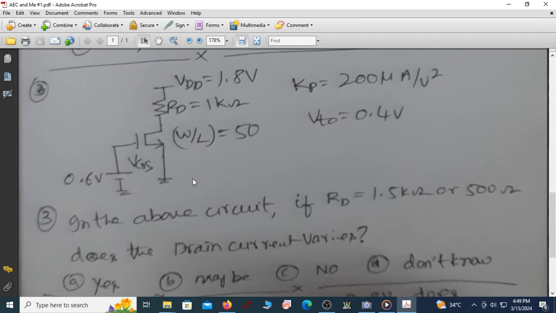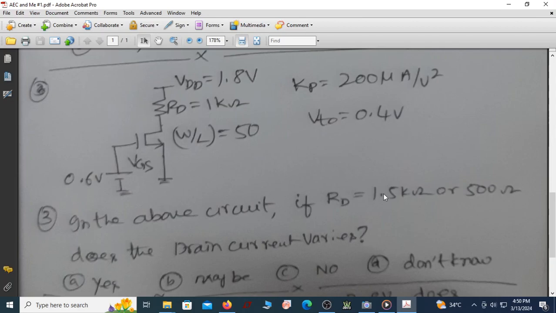In the first go we think that as the resistance changes, naturally the current has to change, but it may not be the case in this circuit, because we want to check whether the MOSFET is in linear region or saturation region when the value of RD is 1k, 500 ohm and 1.5k.